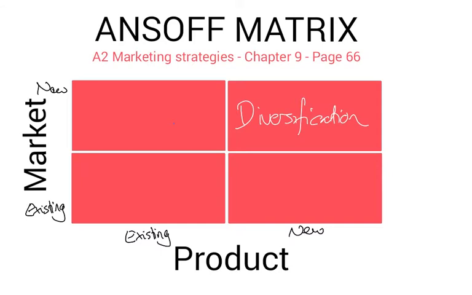If they are going to develop a new product, but sell it to existing customers, then we are in the box down at the bottom here. So if it's a new product to an existing customer base, then we refer to that as product development. So this is essentially offering their existing customers some additional product.